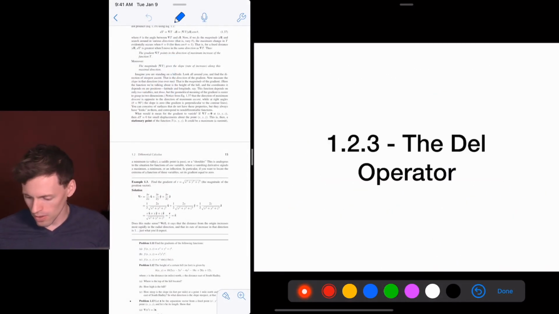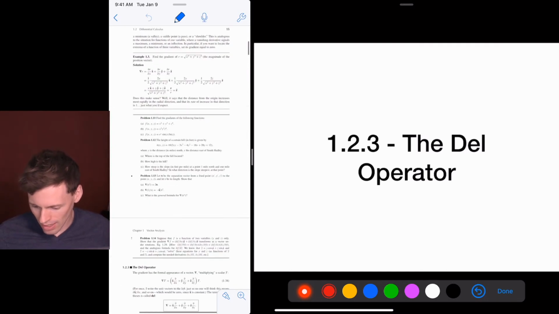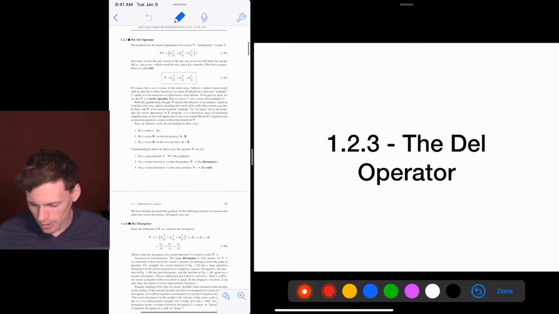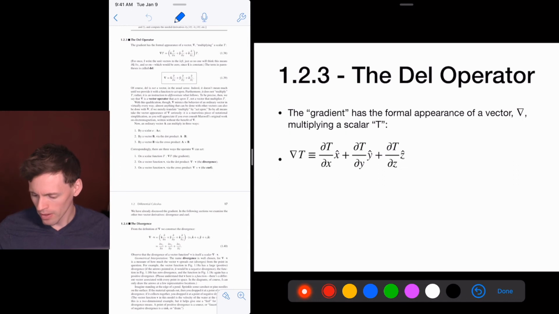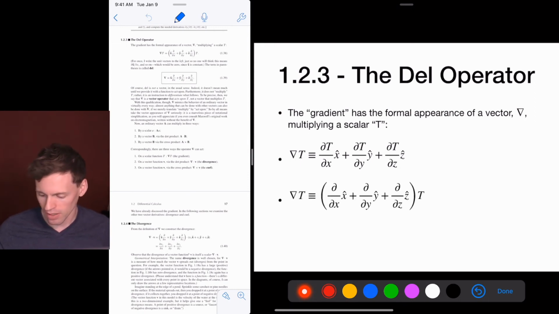All right, so moving on to the del operator. The gradient has the formal appearance of a vector. In LaTeX it's called nabla, but it's del. When you multiply by a scalar T, this nabla on T gives you x hat plus y hat plus z hat components, which are the derivatives of the function.